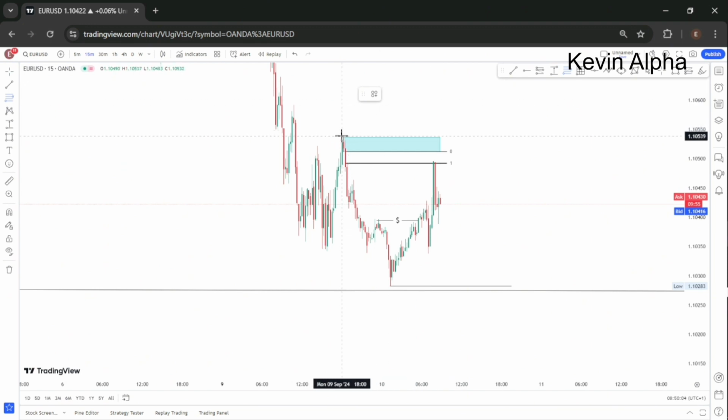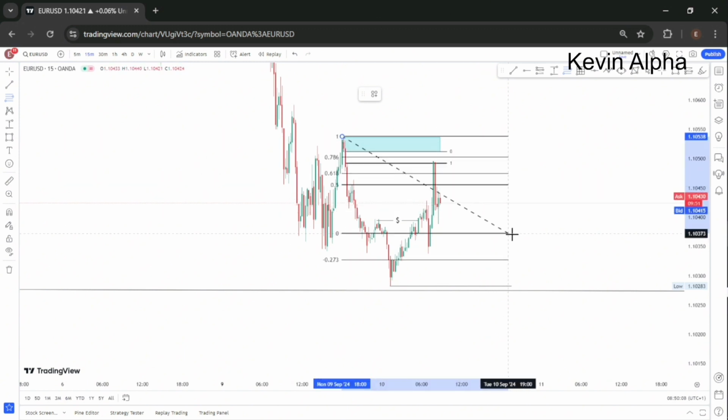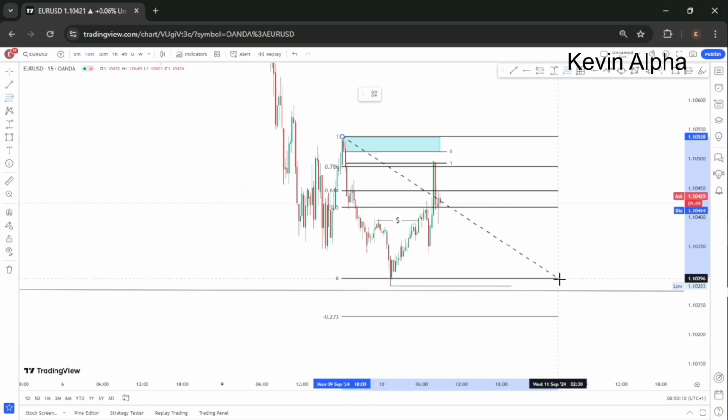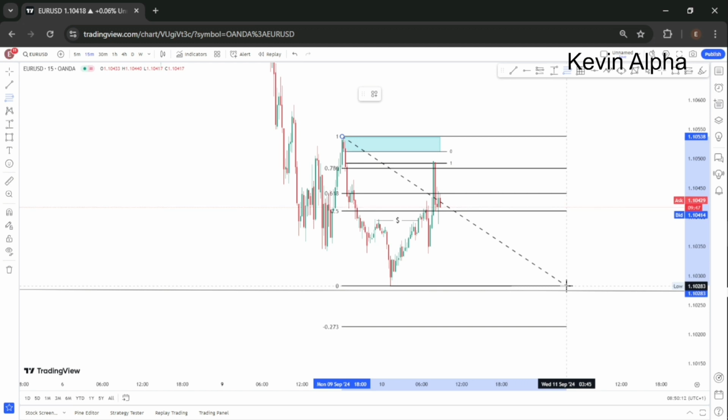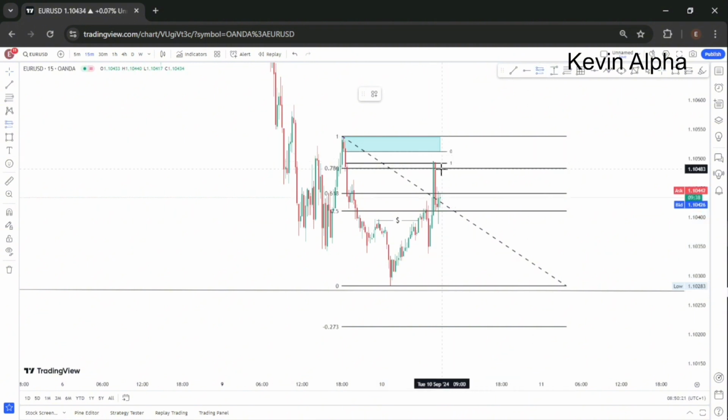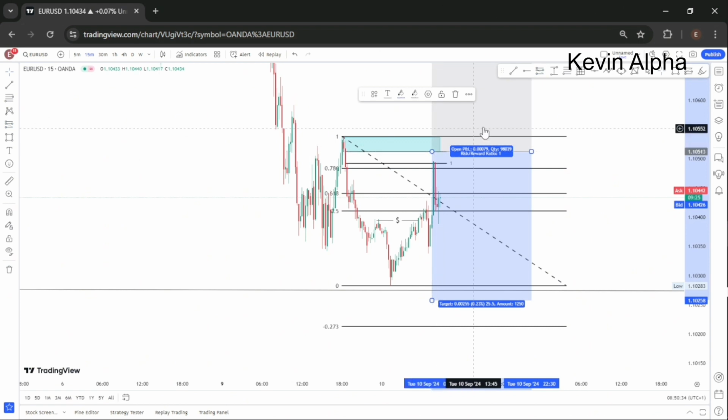So this is the change of character. Sorry, I haven't drawn that yet. And we span from there, from the 1 to the 0, and we know that's where it is. So our entry point would be like this.